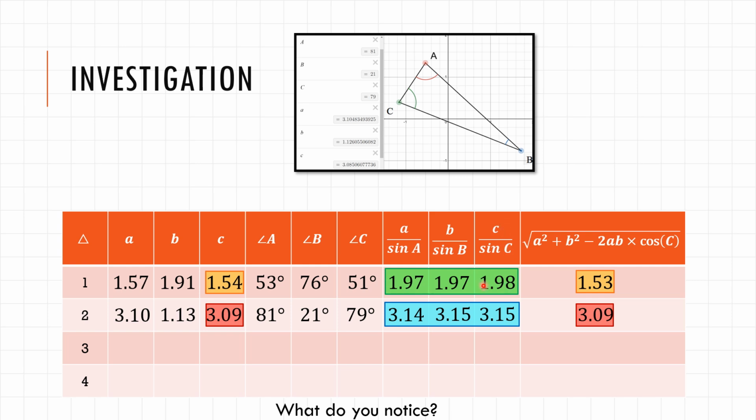If we had to give a name for that law, I think we might call it the sine law, because all of the ratios use sine in it. The other law is that c is equal to all of this, right? Because look how close these numbers are. And I might call this one the cosine law because it uses the ratio cosine in it.